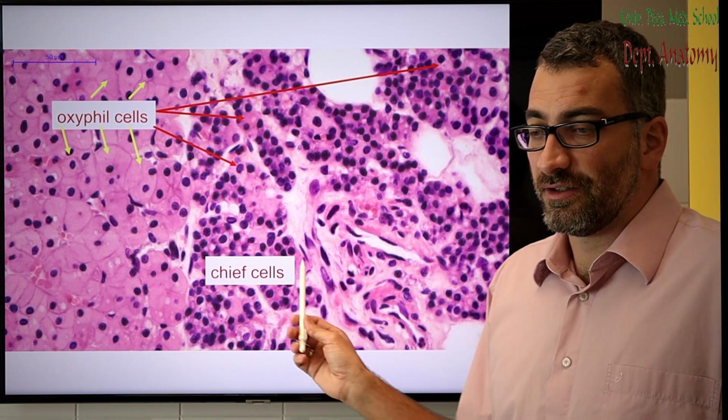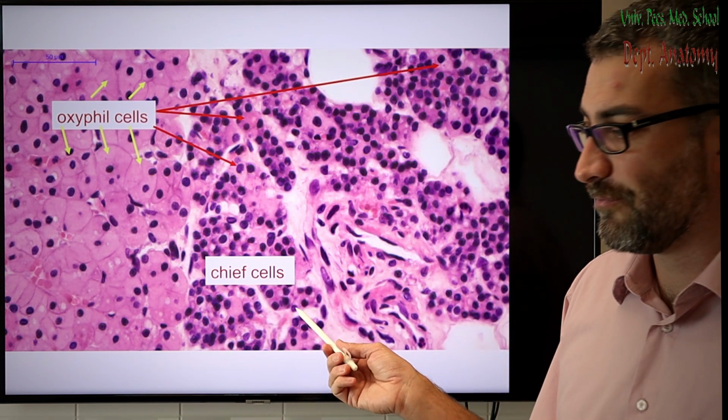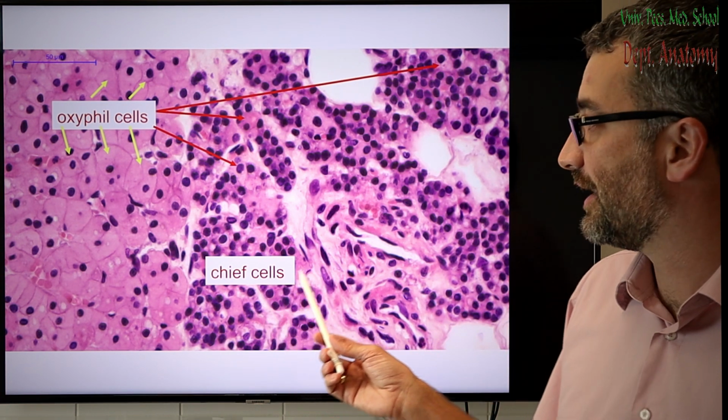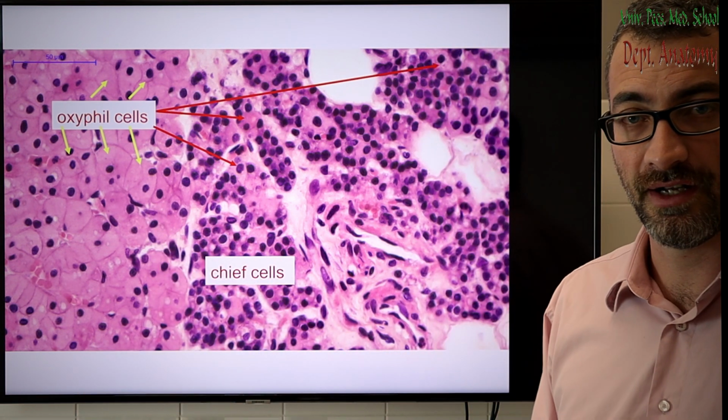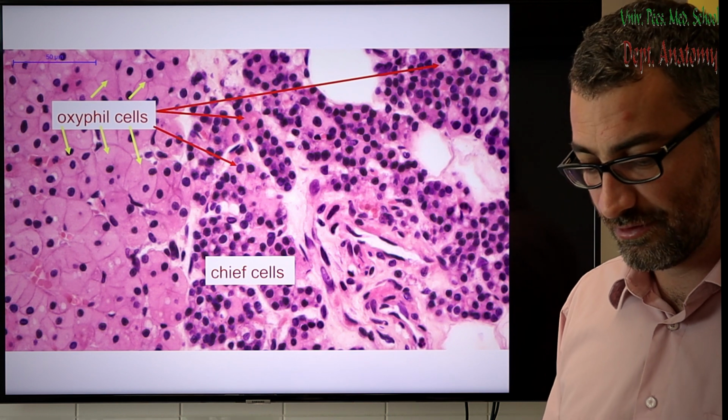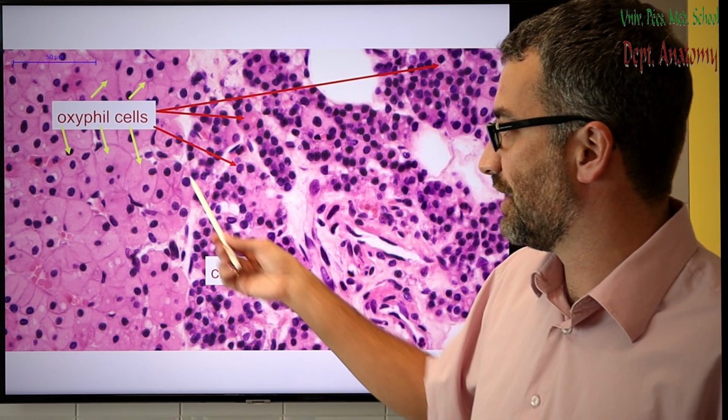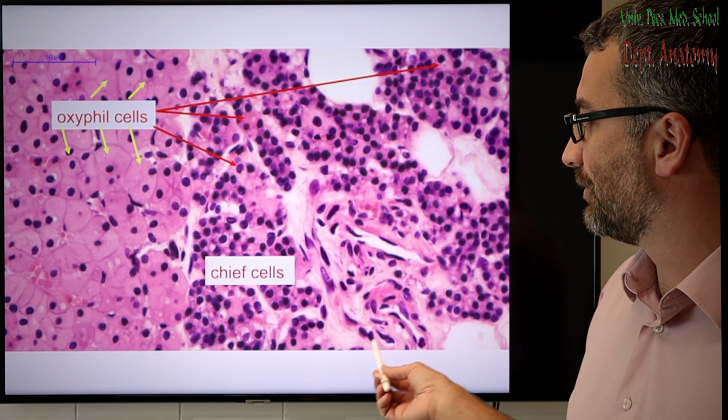The chief cells are responsible for the production of parathormone, and it is not known what the real function of the oxyphil cells is. So we don't know what they are for.